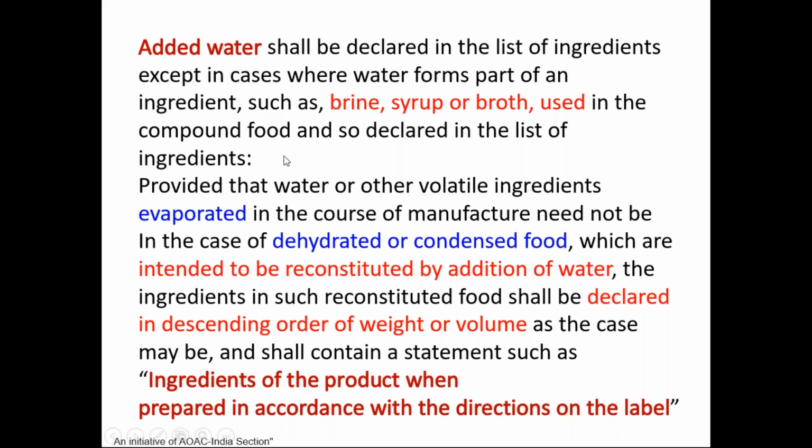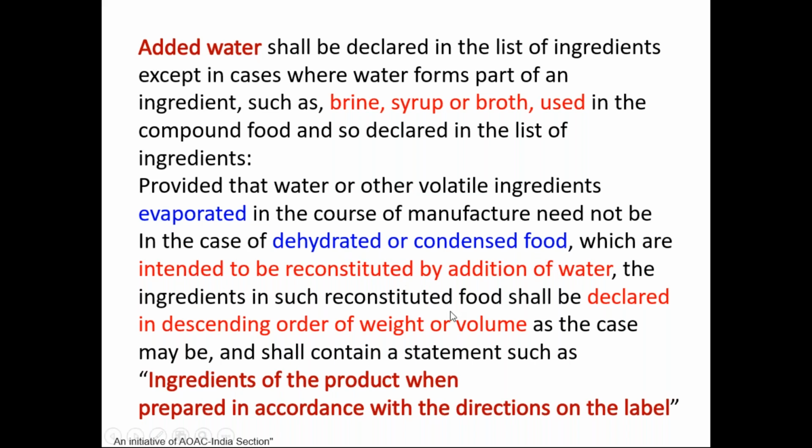The regulation says if the water that you have used during the process, you use a process of evaporation and you get a dehydrated or a condensed food, and you sell it as a dehydrated or a condensed food, but to consume it, you must reconstitute it with the addition of water.